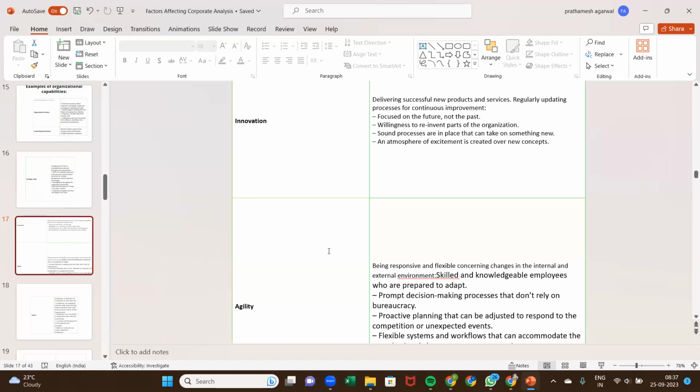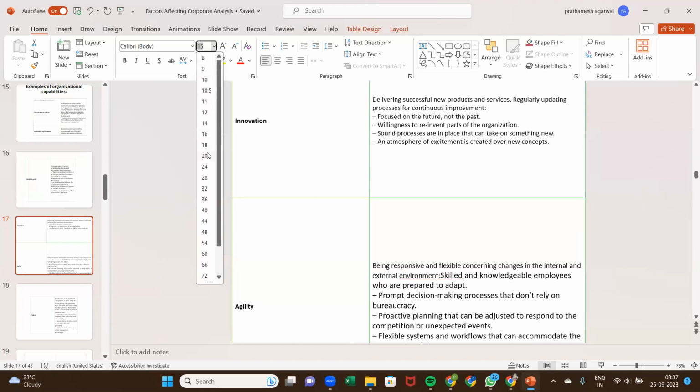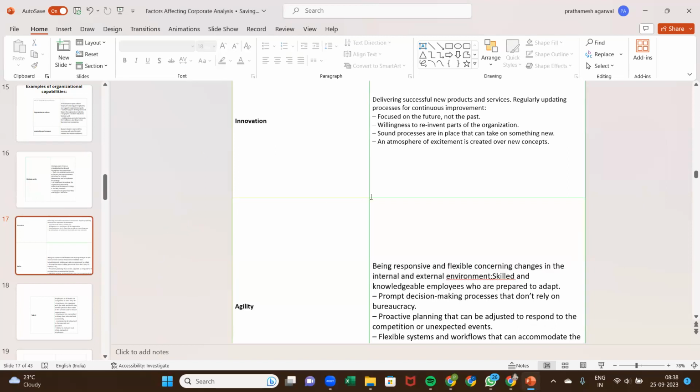Then we have agility. Being responsive and flexible concerning changes in the internal and external environment.